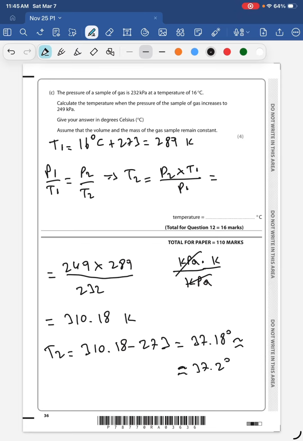Currently only for the Edexcel spec. In the future, if this channel grows to 1 million subscribers, I will have time and money to invest and solve other specs. But for now, I'm going to focus on Edexcel and see how this goes.